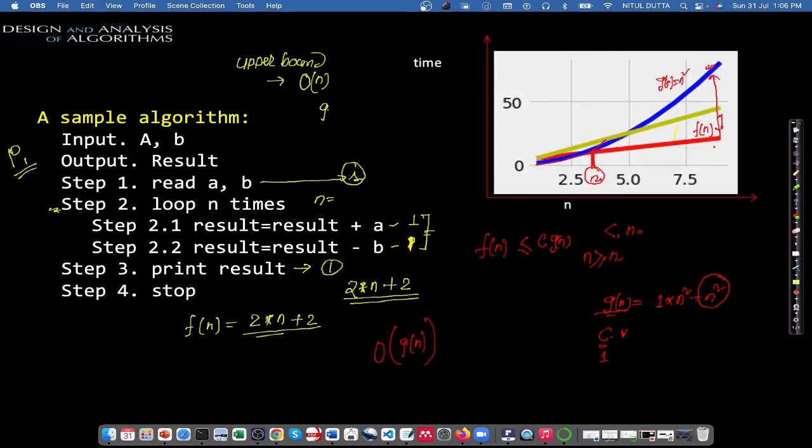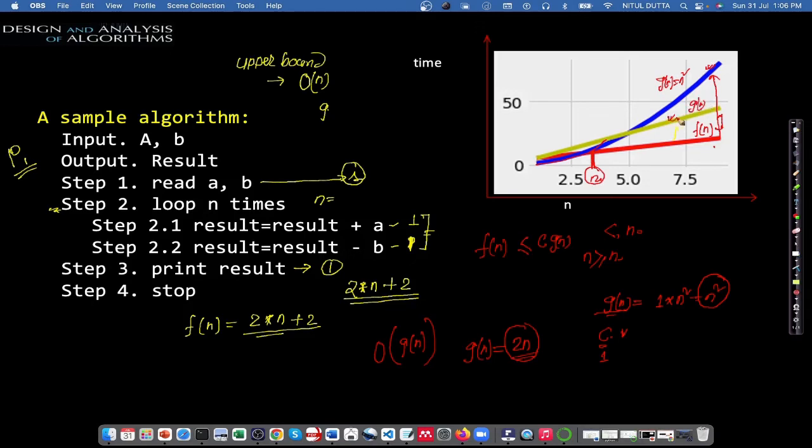If I take another function g(n), say g(n) equals 2n or 3n, this one will be the new g(n).